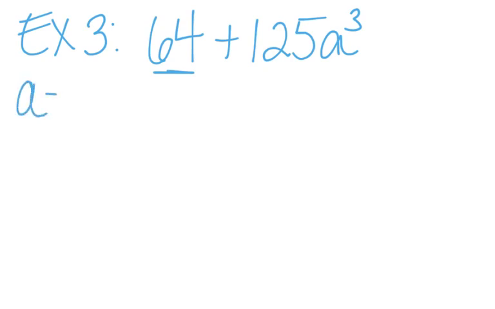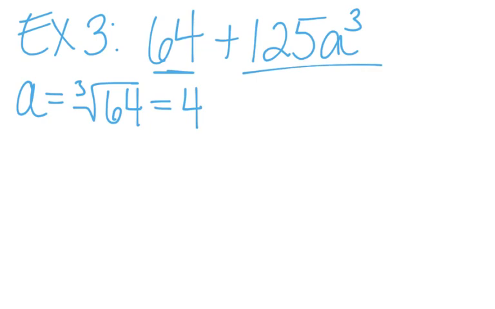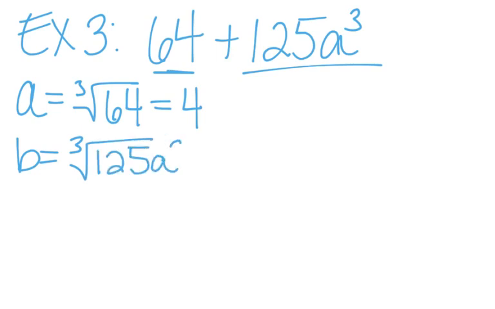So our a value is the cube root of 64, and the cube root of 64 is 4, because 4 times 4 times 4 is 64. Is 125a cubed a perfect cube? Yes. The cube root of 125a cubed is 5a. Because 5 times 5 times 5 is 125, and a times a times a is a cubed.